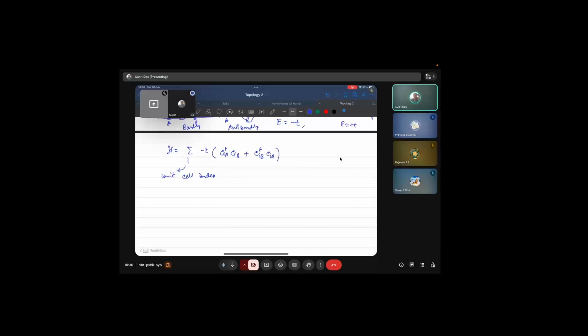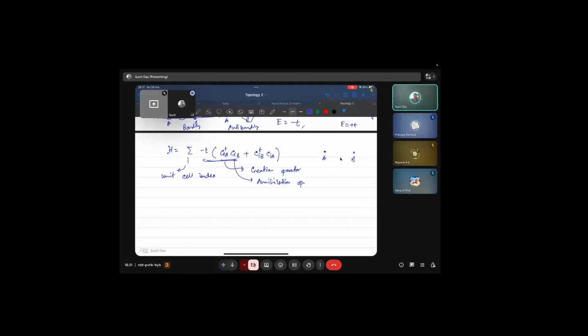I'll explain what these terms mean. What this necessarily means is that c dagger is the creation operator, and c is the annihilation operator. This term combined means that I have a hopping from, let's say, an A type of atom and a B type of atom.